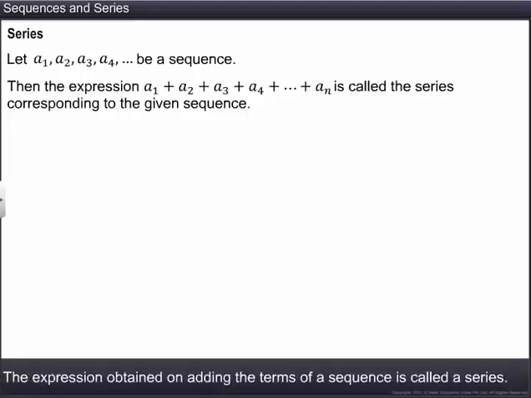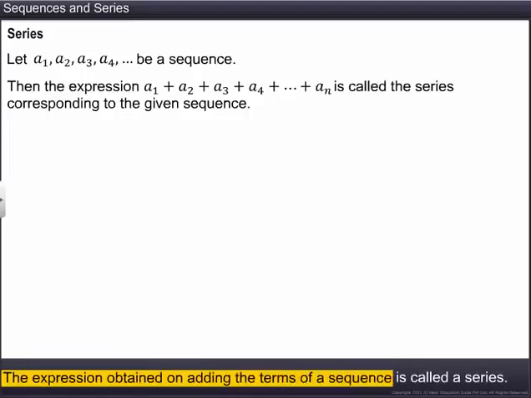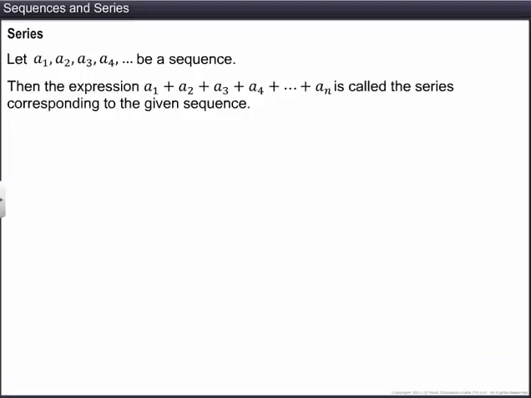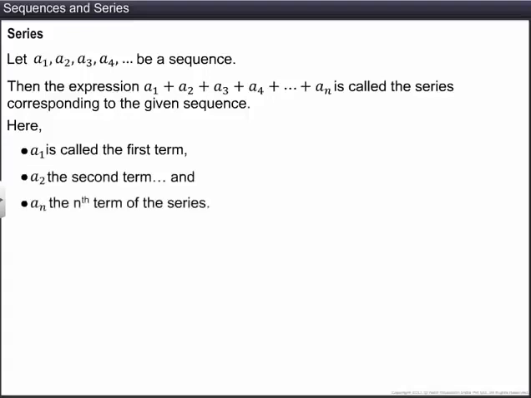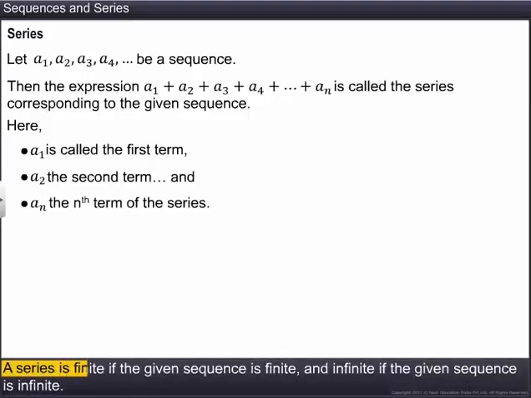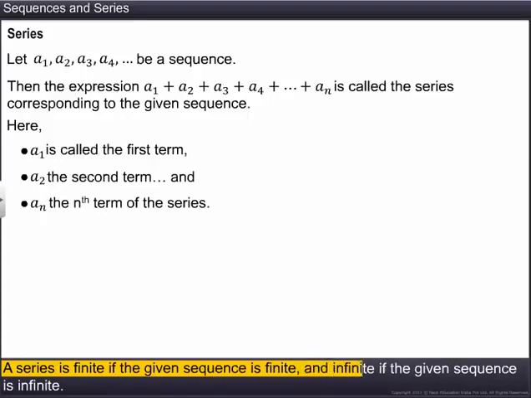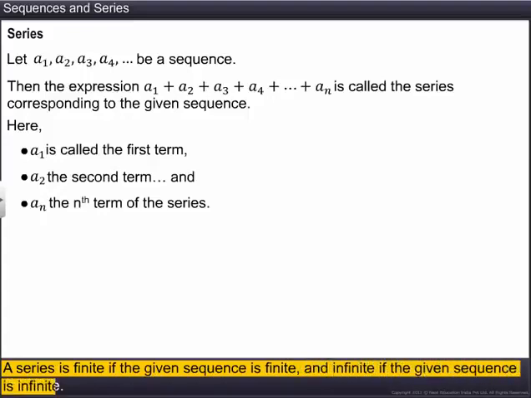Mathematically, the expression obtained on adding the terms of a sequence is called a series. Here, A1 is called the first term, A2 the second term, and An is called the nth term of the series. A series is finite if the given sequence is finite, and infinite if the given sequence is infinite.